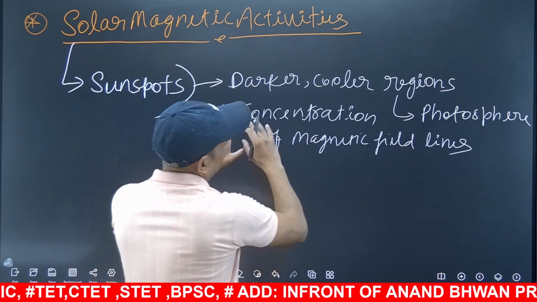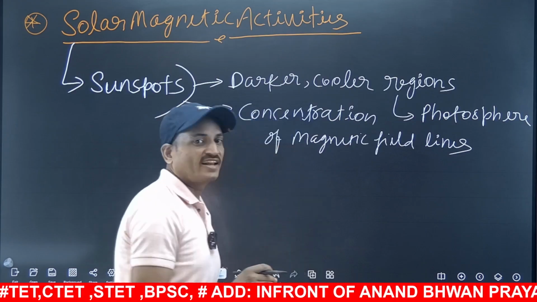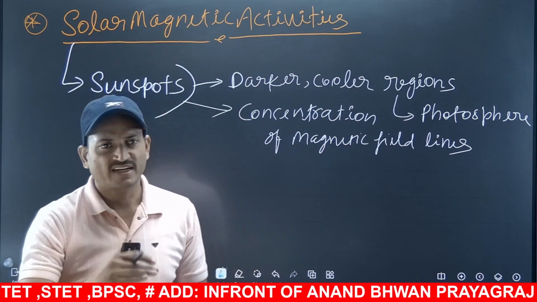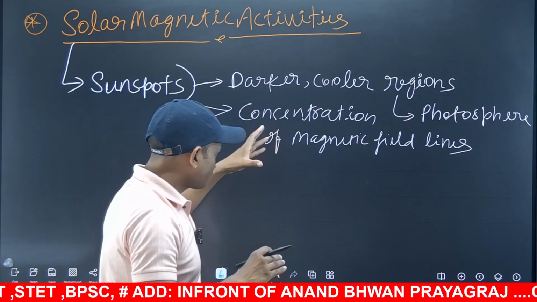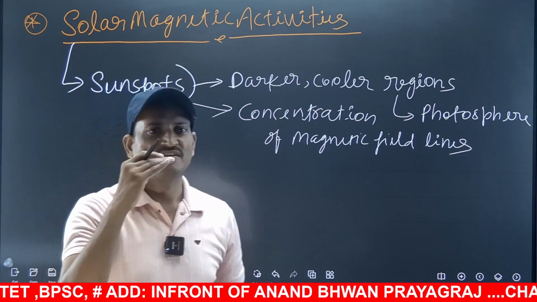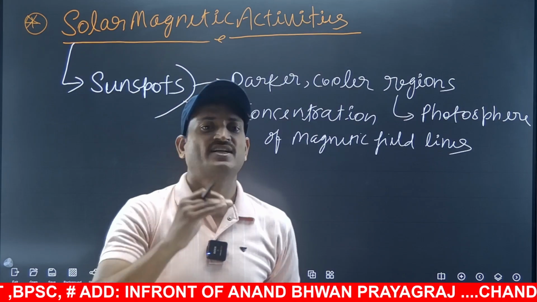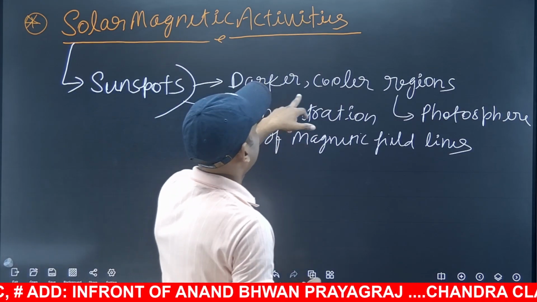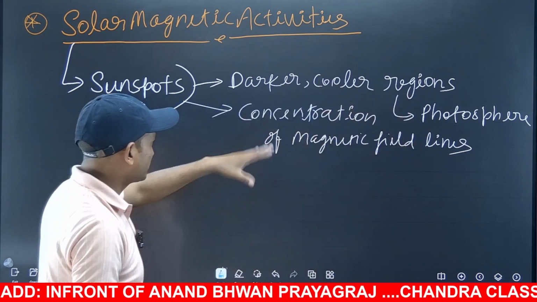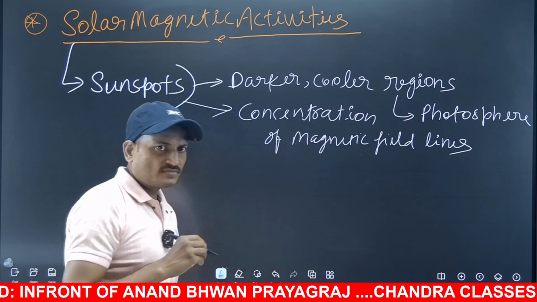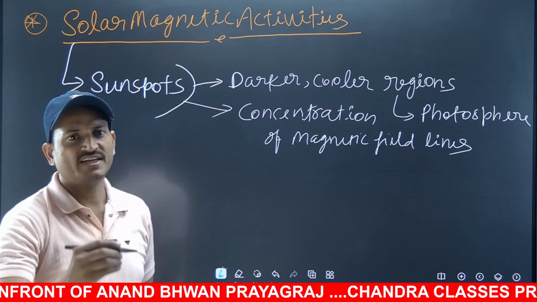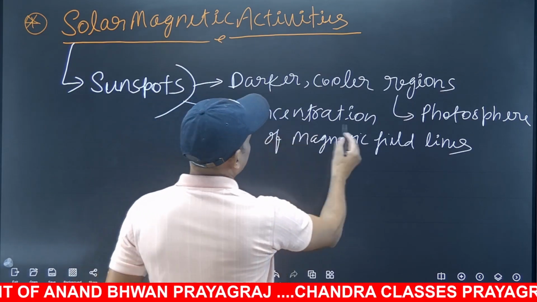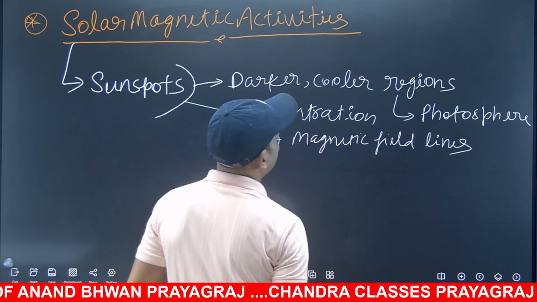But because of the concentration of magnetic field lines around particular regions at the photosphere, the convection of plasma, meaning the convection of heat, gets obstructed. And that's why those regions become darker, cooler regions, because of obstruction of the convection of heat from the interiors of the sun. So that's why they are caused due to concentration of magnetic field lines.